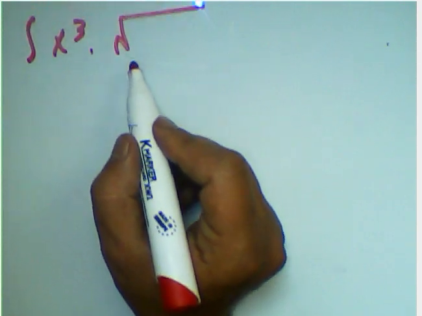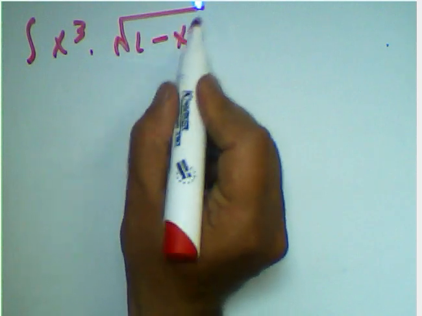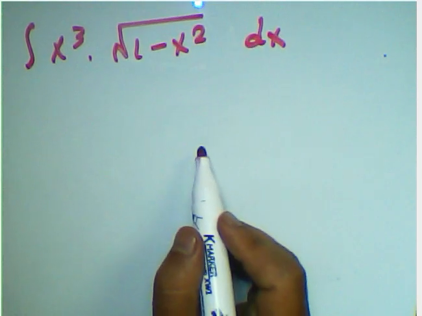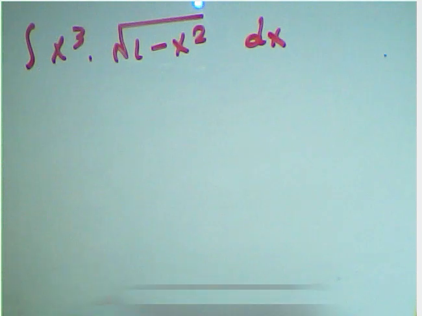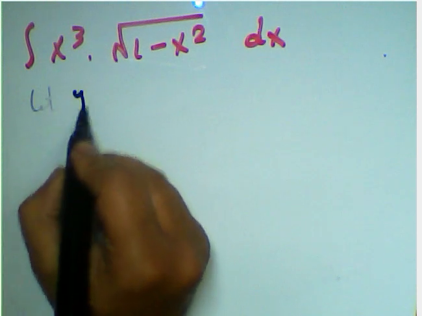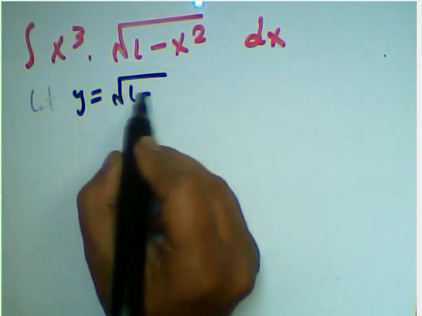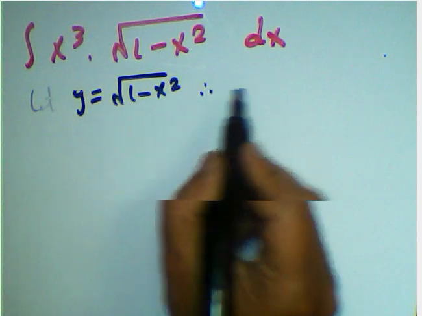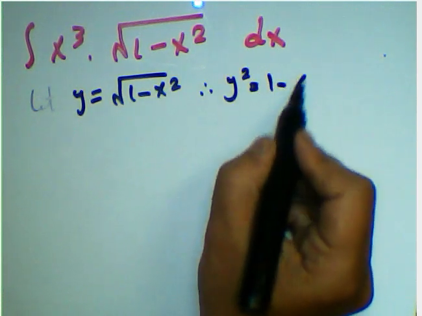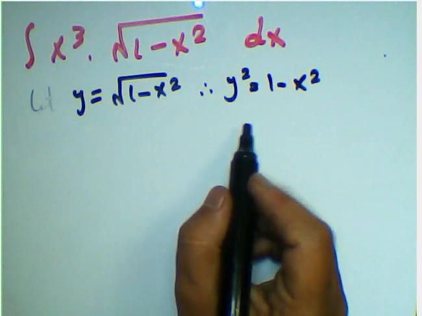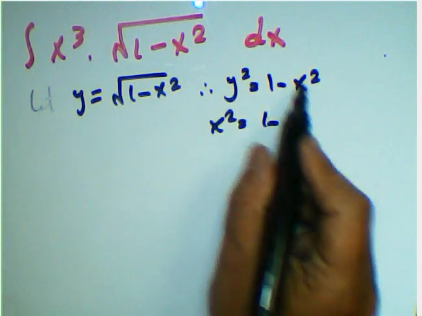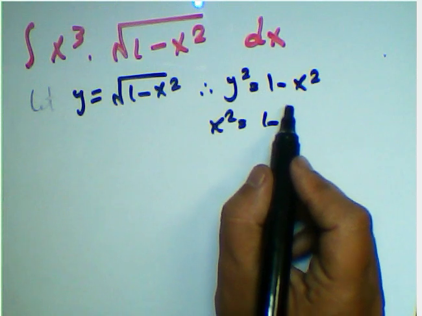Integration of x power 3 dot square root of 1 minus x power 2 dx. Okay, let y equal this function, square root of 1 minus x power 2, then y power 2 equal 1 minus x power 2, x power 2 equal 1 minus y power 2.